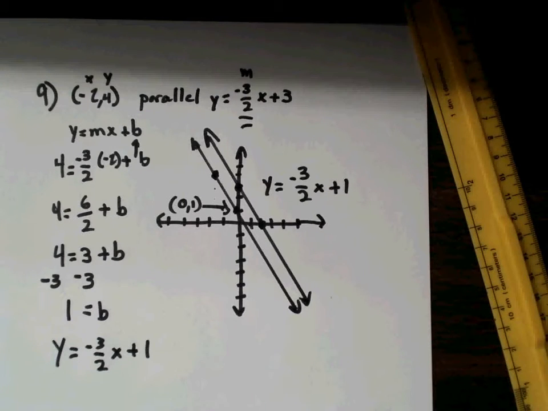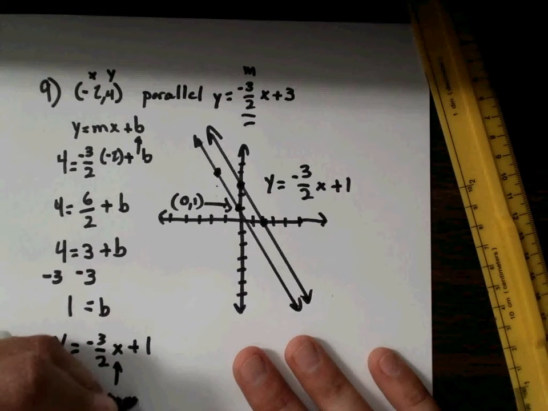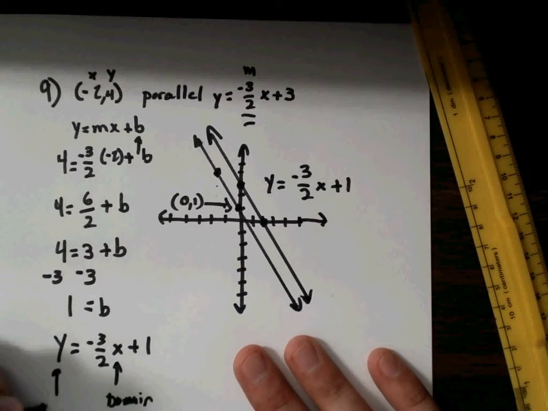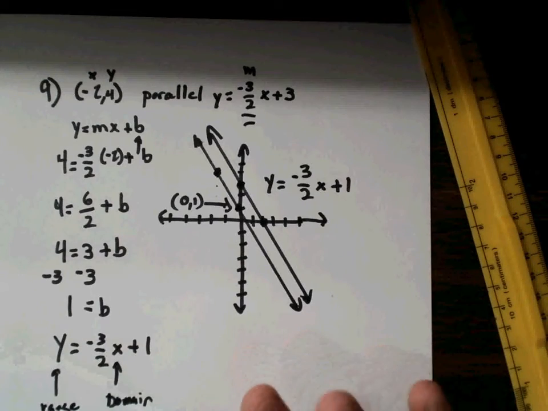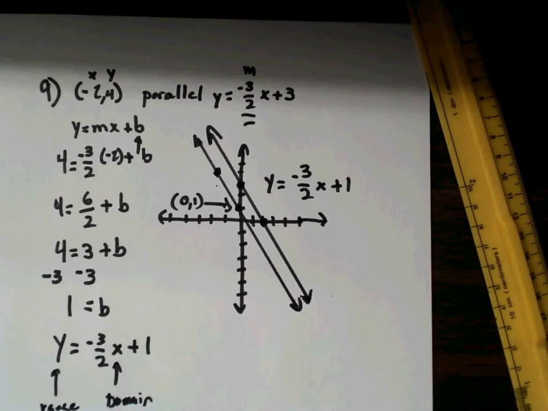Why do I have to have variables in the equation? What do they represent? I hear somebody mumble over there. It's the domain and the range. I have to have an input variable to generate an output. Okay? And what you need to see is those inputs and outputs are coordinates on the graph. So if I plugged in negative 2 right there, I'm going to get 4 for the y, and it would be on the graph.